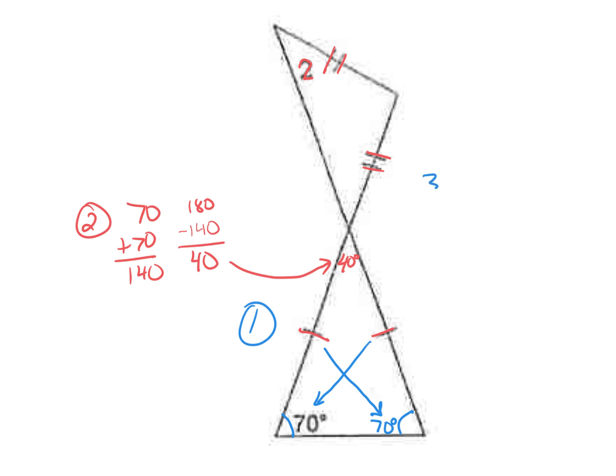Next step. These 2 angles are what kind of angles? When they form an X with each other, they are vertical angles. And vertical angles are what with each other?